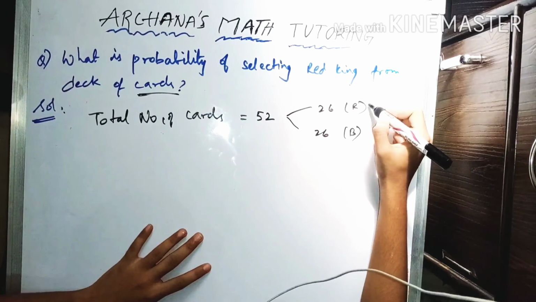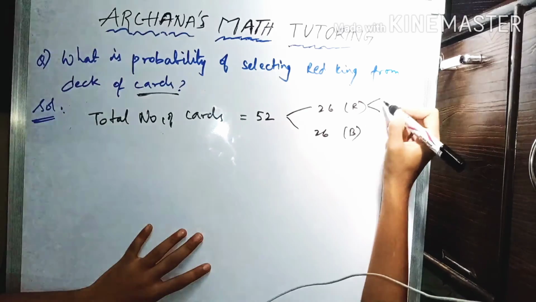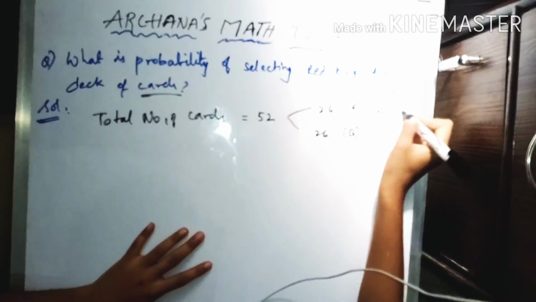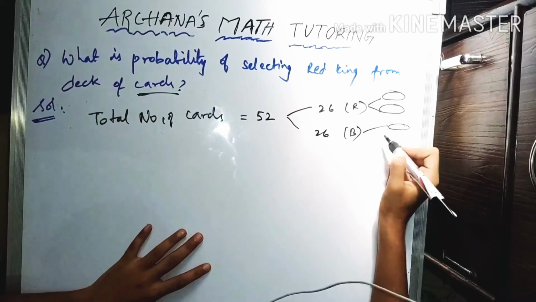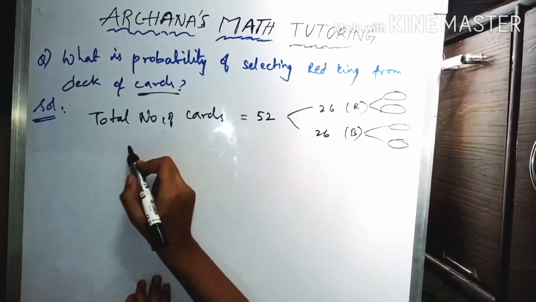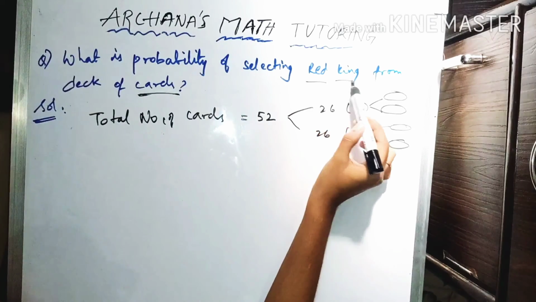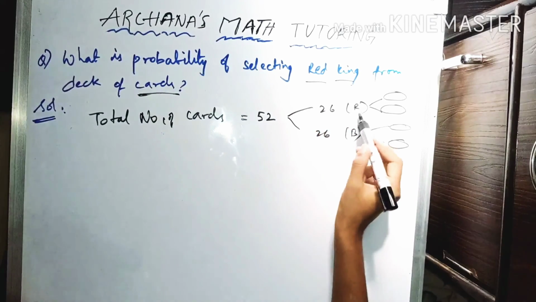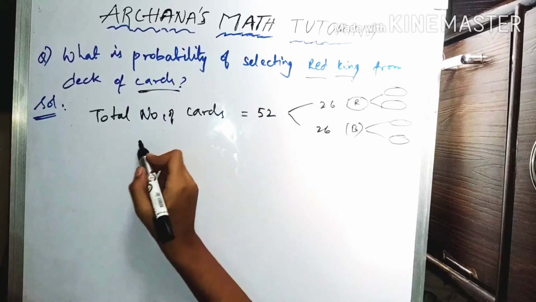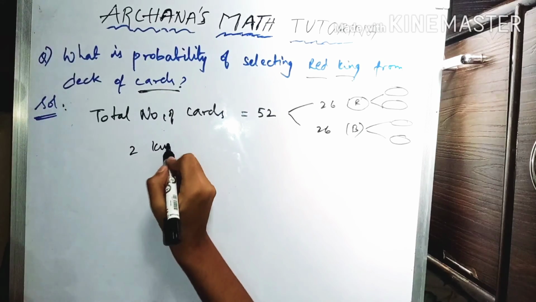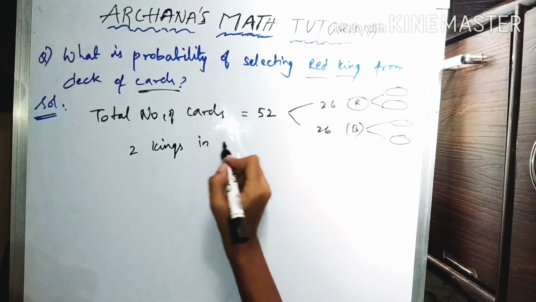Each of the alphabet or number in this is divided in 2 sets. Here also it will be in 2 sets. So what did he ask us? Selecting a red king. So in red you will be having two kings.